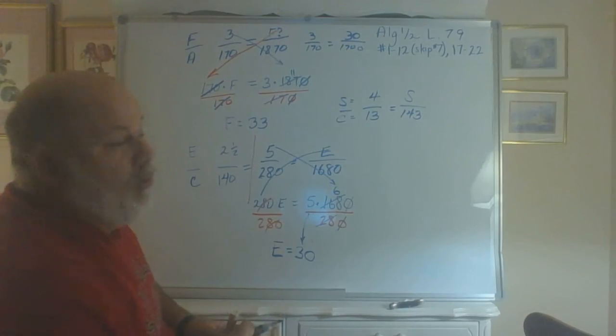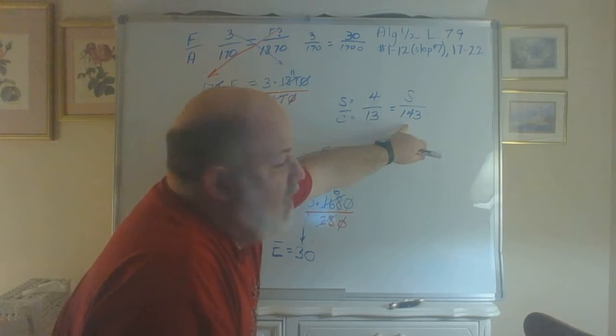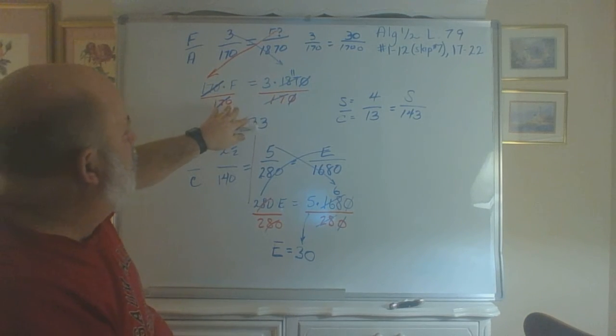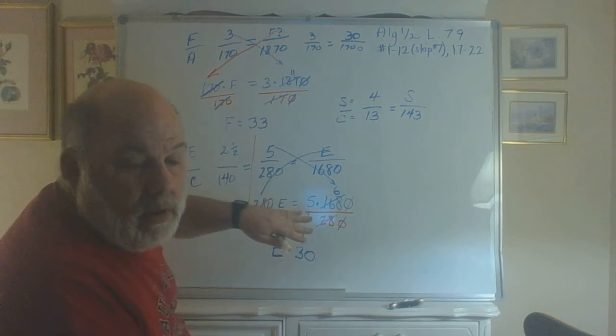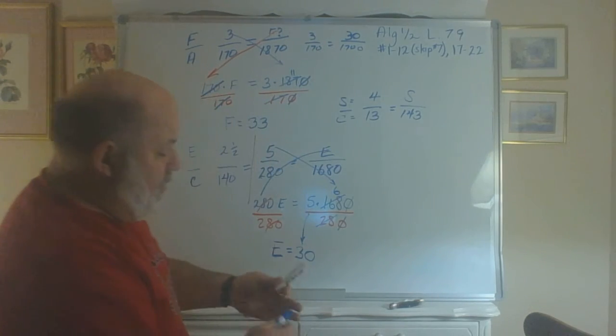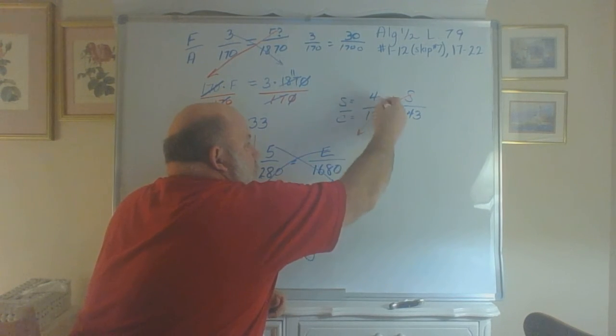Again, some of you might be able to do the scale factor there. What do you multiply 13 by to get 143? Again, just like in this one over here, or wherever it was, it's times 11. 4 times 11, the answer is going to be 44. If you didn't know that, you would cross multiply.